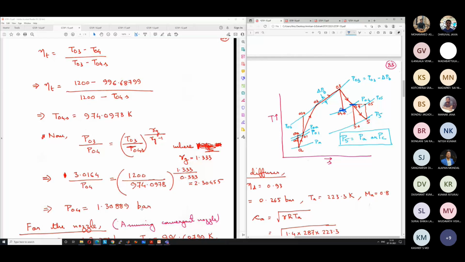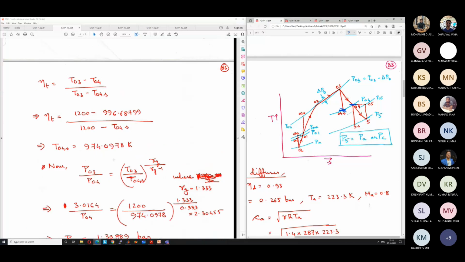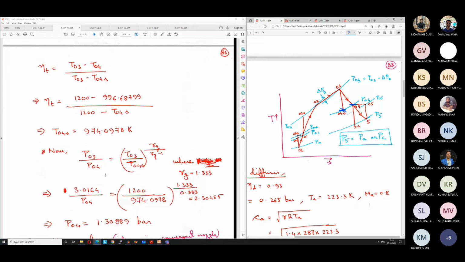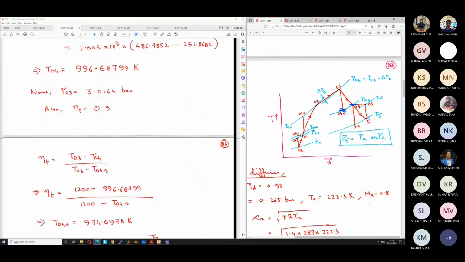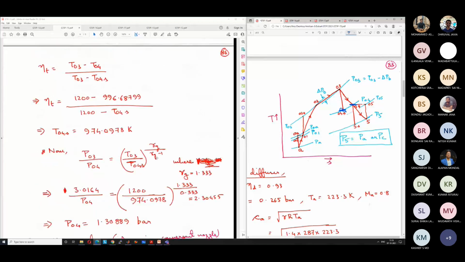This is the inlet pressure to the nozzle. So inlet temperature is 996.68799 Kelvin. Inlet pressure is 1.30889 bar. Notice that I am going to at least 4 decimal places, and you should also do that.